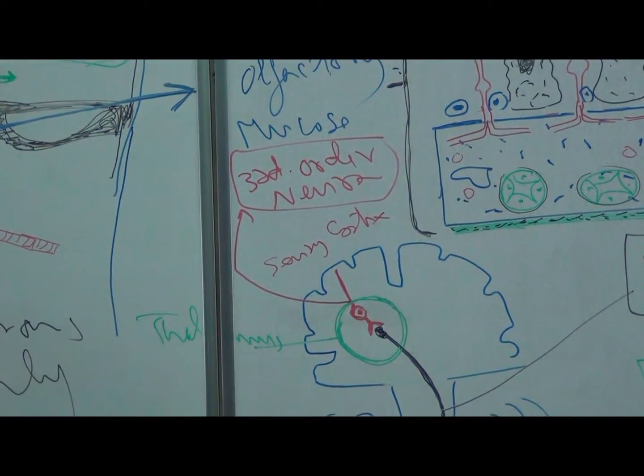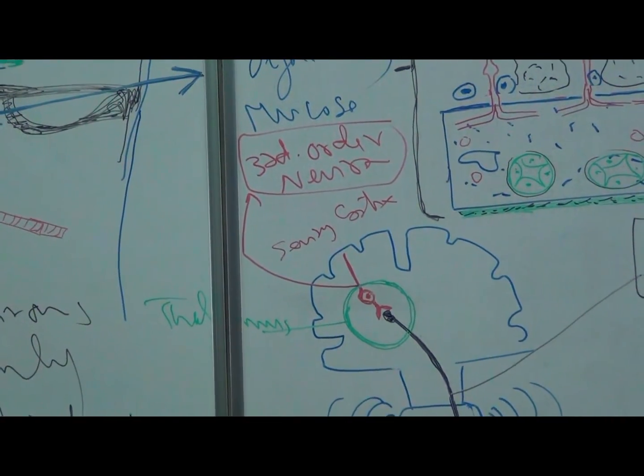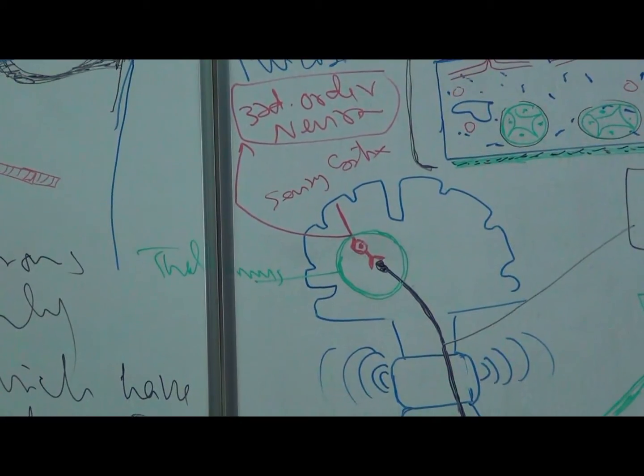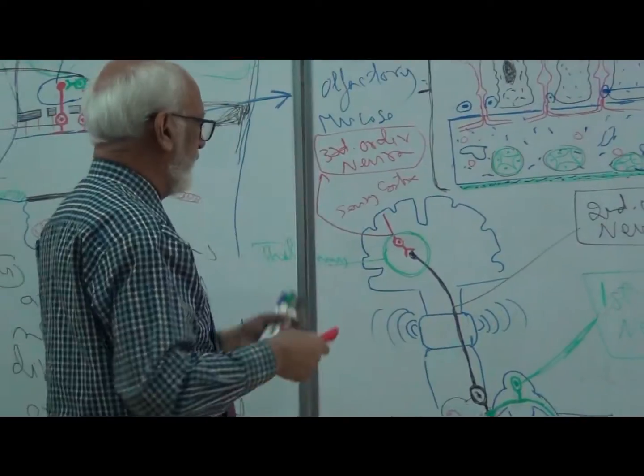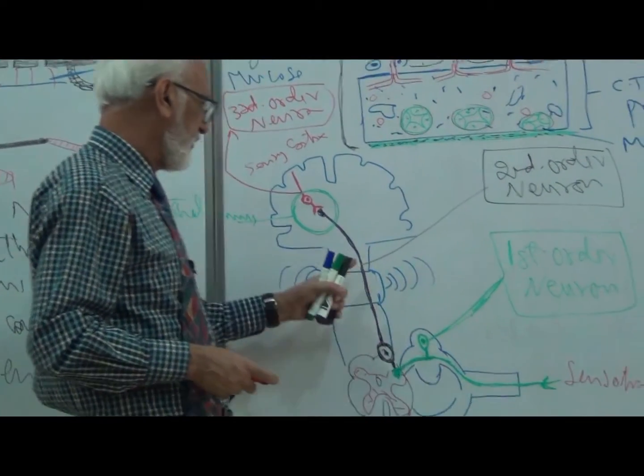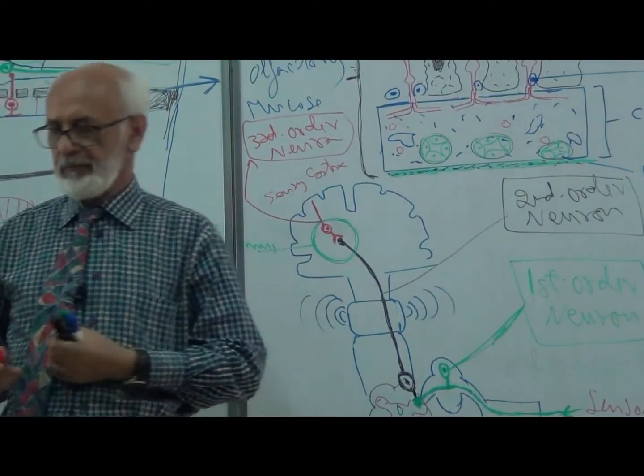So in all sensory pathways, touch, pain, temperature, etc., 3 neurons are involved from the periphery towards the sensory cortex: first order neuron, second order neuron, third order neuron.